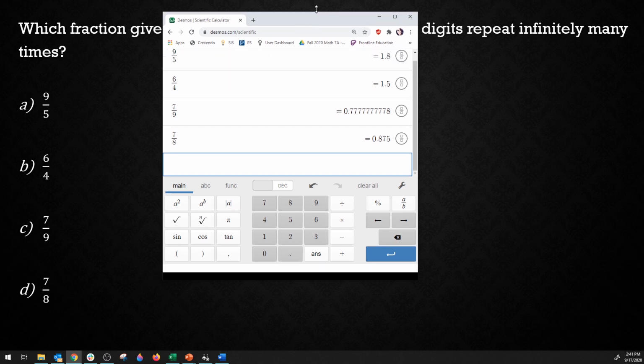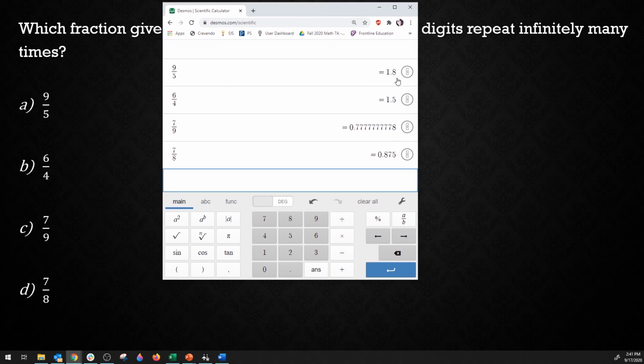When I type all these into my calculator, this is 1.8, that ends, 1.5, that ends. This third one here, I have 0.7, and the 7s keep going forever and ever, and then I have this 8, so our calculator just rounded up because the 7s will go on forever, and I wouldn't want 7s to show up on my computer screen forever, because that's what would happen.